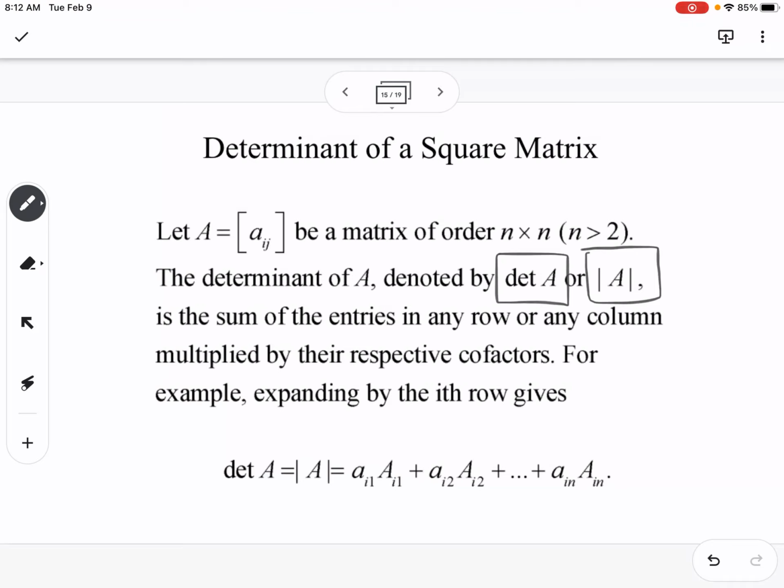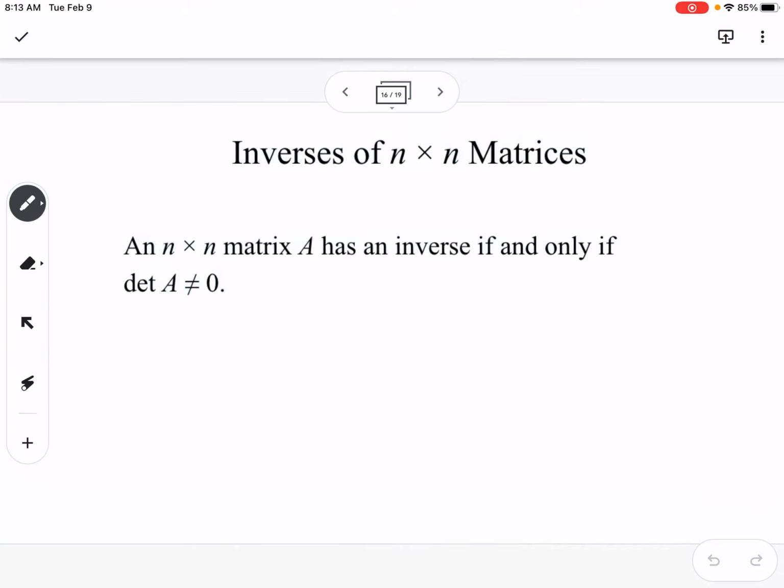This book has us finding anything bigger using the calculator, so I made another video talking about how you can either use Desmos with the matrix or your graphing calculator to find the determinant. Okay, so a matrix has an inverse only if the determinant does not equal 0.